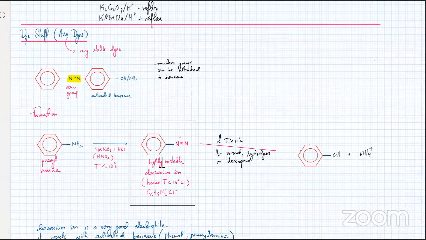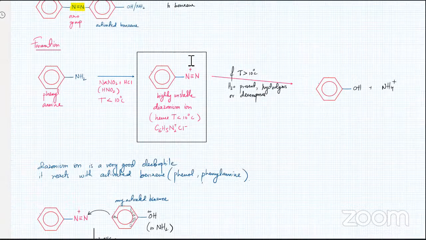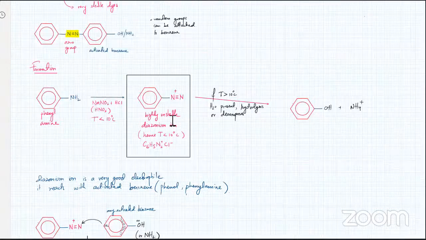And we learned how to form diazonium ions. Now, the question is not about making diazonium ions, because the diazonium ion is already there, right? So what did you do with the diazonium ion? The diazonium ion was used to make azo dyes.